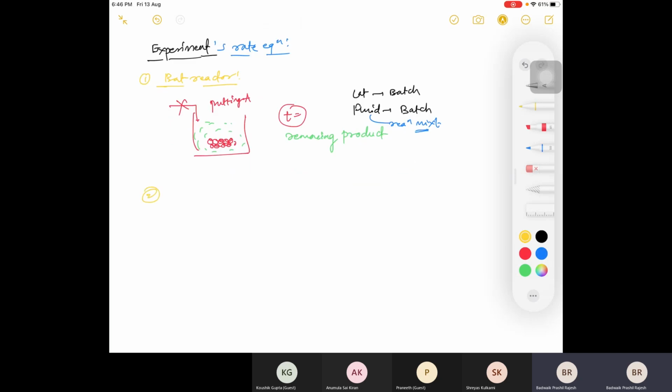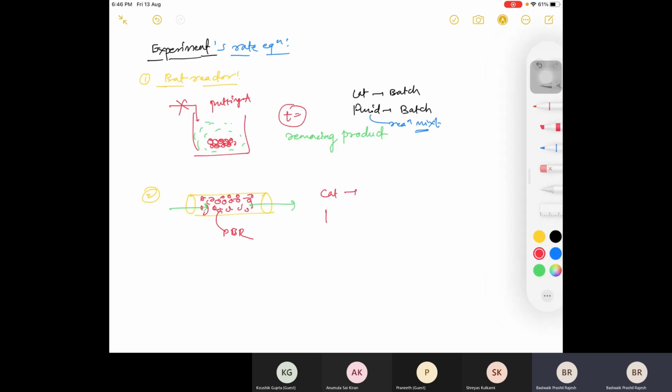Second, I'm defining this is a PFR. I use red for catalyst, so this is the catalyst bed. You can write packed bed reactor. This is my fluid coming in, fluid going out. So can you tell me what is catalyst and what is fluid?